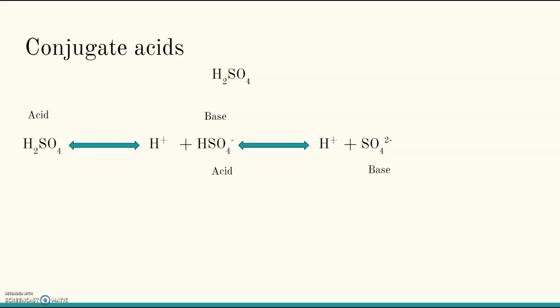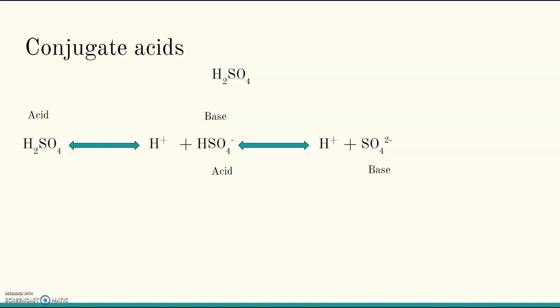Now we have another set where that HSO4 minus also has the ability to lose another hydrogen ion. And when it does that, it'll be just the hydrogen ion and the sulfate ion. Notice that it is now at a 2- charge.